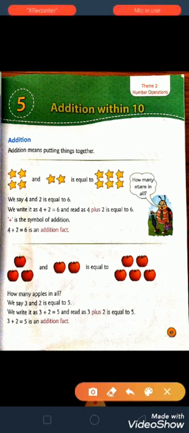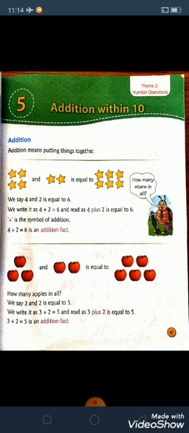When we add something, some 2 numbers or 3 numbers, we have to put this type of symbol. What is the name of this symbol, children? It is plus. Plus. Otherwise addition. Okay.